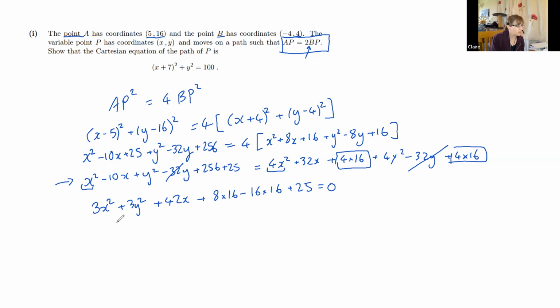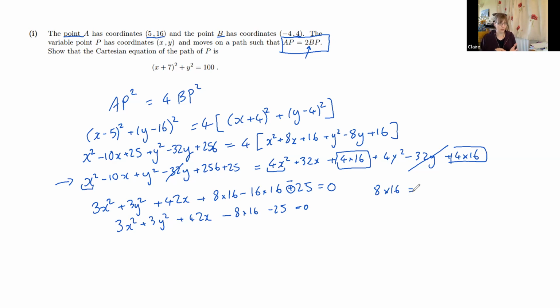So this is going to be 3x squared plus 3y squared plus 42x plus 8 lots of 16 minus 16 lots of 16. Oh, this one should be a minus. That is the same as minus 8 lots of 16 minus 25. And let's just work that out. 8 lots of 16 is 16 multiplied by 2 by 2 by 2.